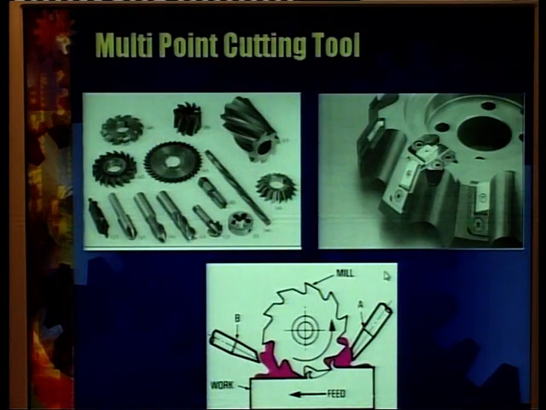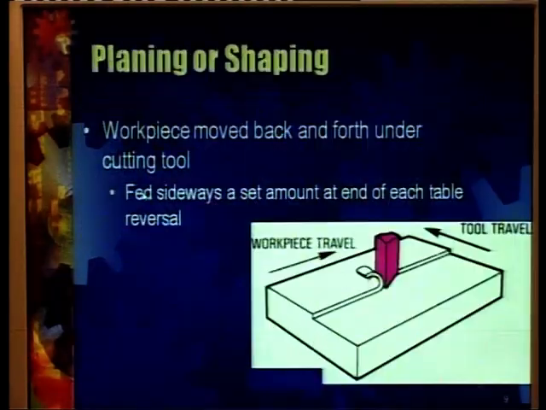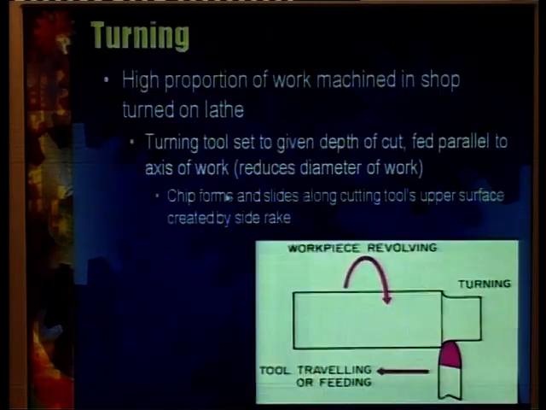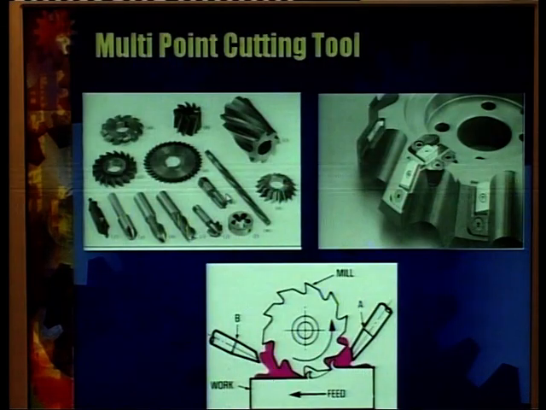The second category of cutting tools is the multi-point cutting tool. As I have told earlier, a single point cutting tool has only a single cutting edge, as we can see here. But in the case of a multi-point cutting tool, the tool has a number of teeth.